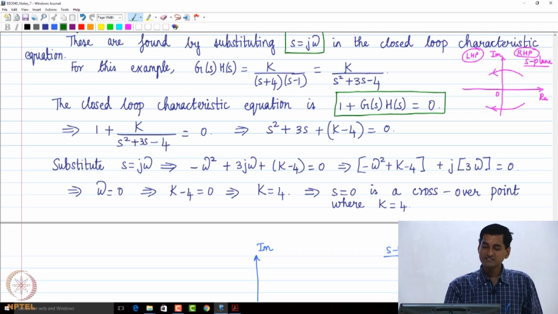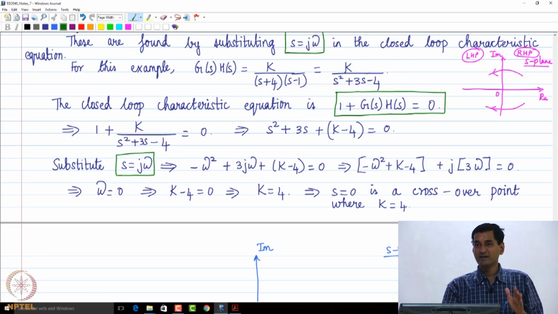Now we substitute s equals j omega into this equation. Please remember, the roots of this closed loop characteristic equation are the closed loop poles. So we are looking for closed loop poles which are purely imaginary.